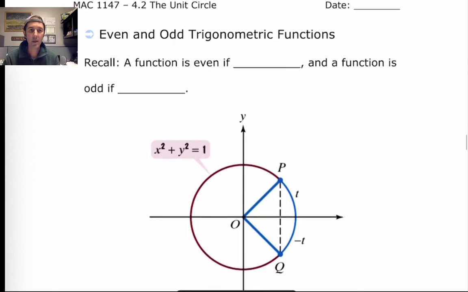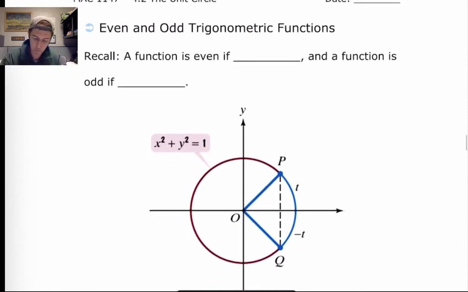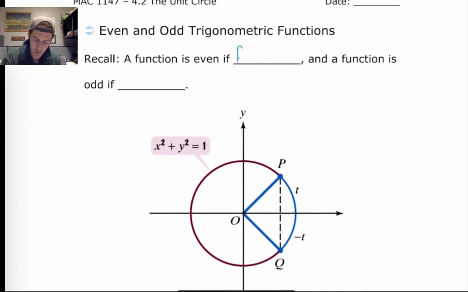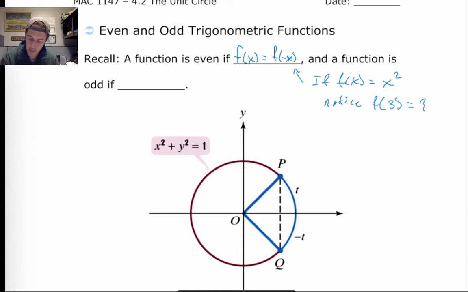If not, let me remind you, a function is even if there's sort of a test that we can do. If f of x is equal to f of negative x. For example, if f of x equals x squared, notice f of 3 is equal to 9, and f of negative 3 is also equal to 9.